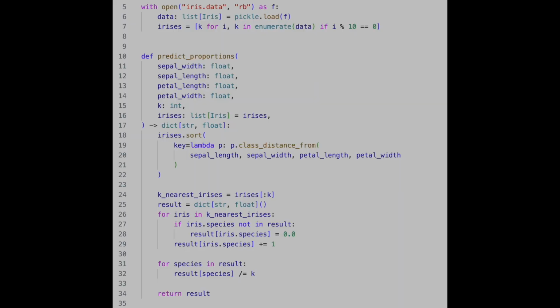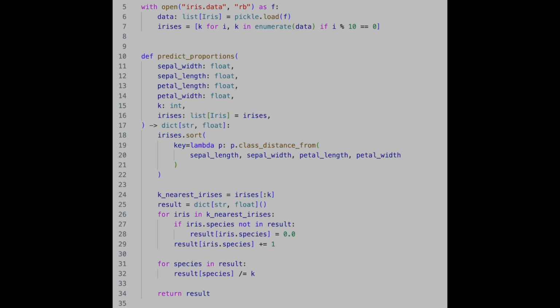When we talk about classification with KNN, the idea is to predict the species of an iris flower by looking at similar past examples. In my implementation, I first load my iris data and then sort the data based on how close each flower is to the new one that I want to classify.